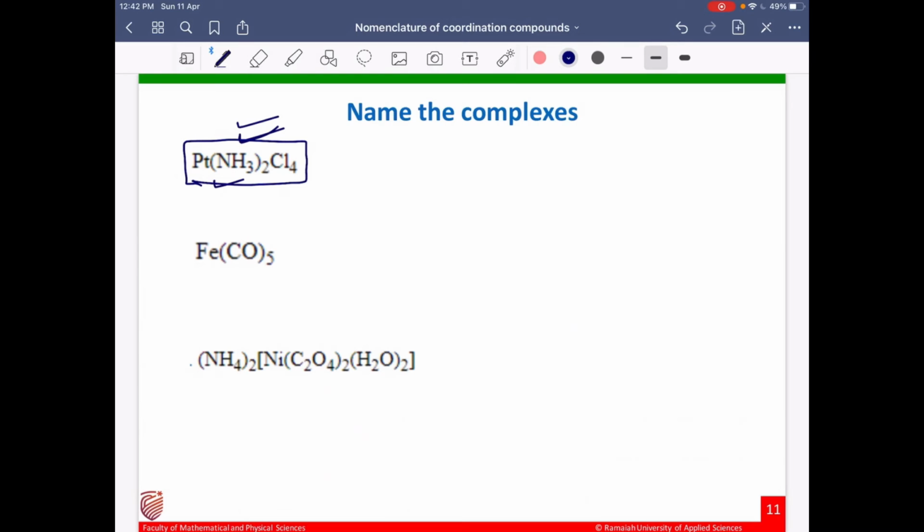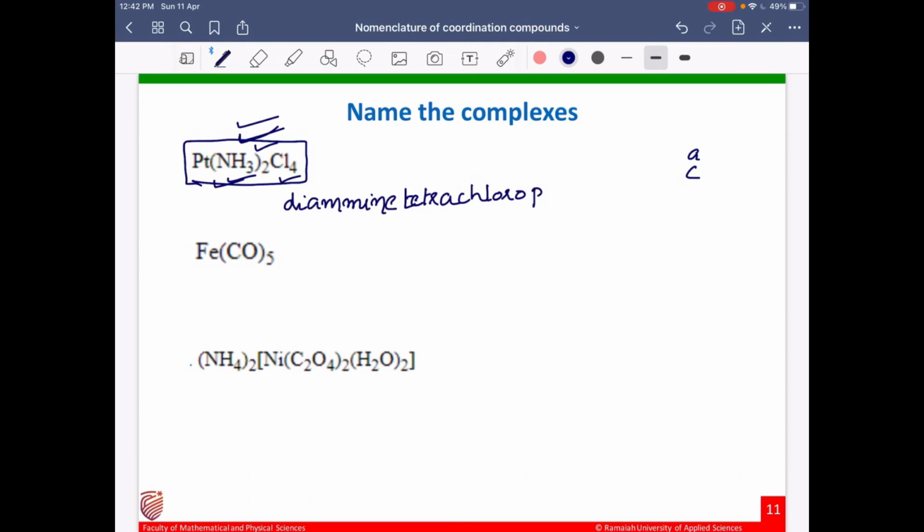Platinum is the central metal. Ammonia and chlorine are both ligands. Ammonia is ammine, starts with A. Chlorine, chloride or chloro, it is C. Obviously, we should start with ammine. Total 2 ammines are there. So if it is 2 ammine, we will write diammine. Now chloro, 4 are there. So 4 means tetrachloro.